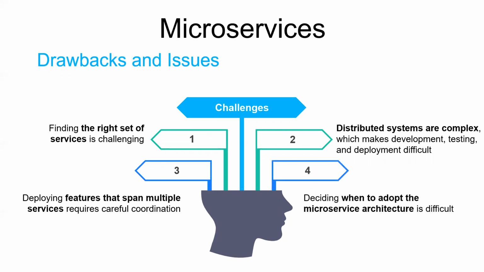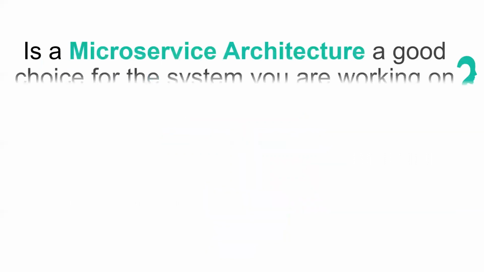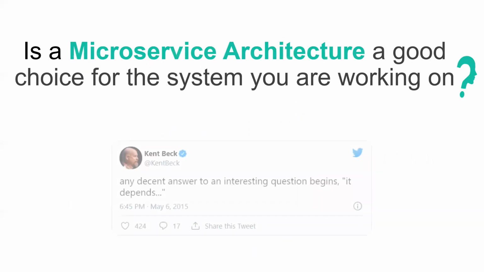The last issue is deciding at what point during the life cycle of the application you should use the microservice architecture. In other words, is a microservice architecture a good choice for the system you are working on? Anyone else will begin his answer with "it depends," and this is something common when it concerns answering an interesting technical question.